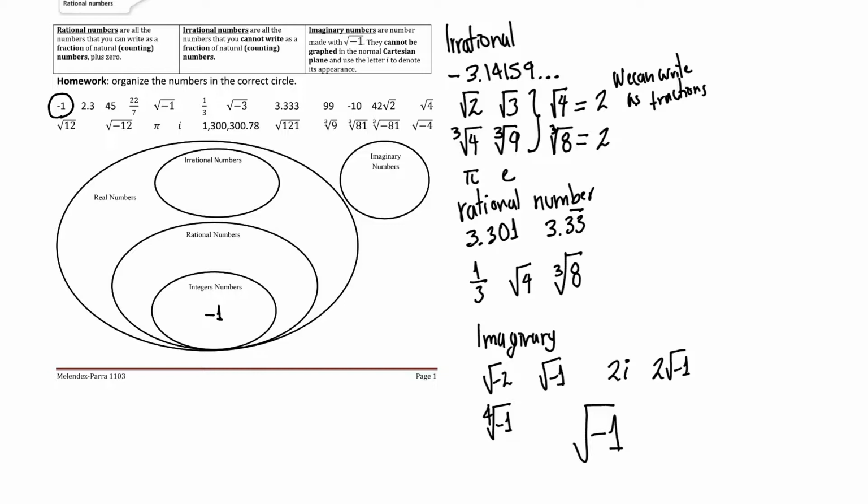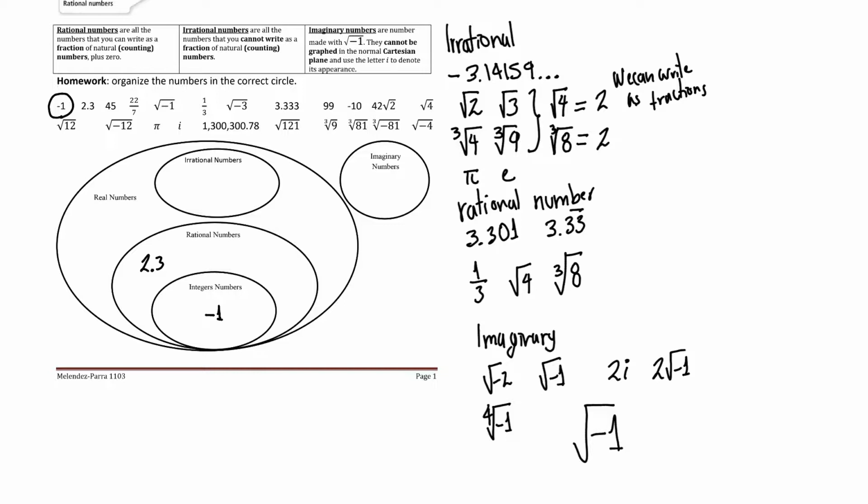The next number that we have is 2.3. Now, 2.3 is a real number, and it's also a rational number. So we're going to write it over here. We do not write it in the category of integers because integers cannot be decimals, nor can they be fractions.